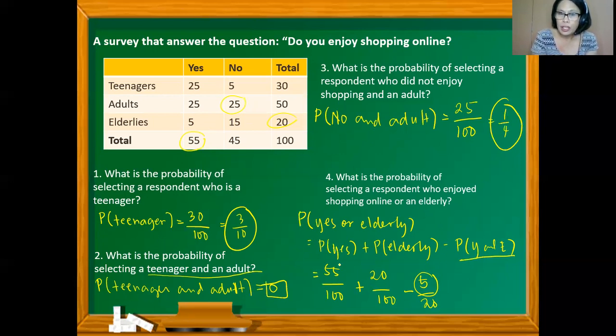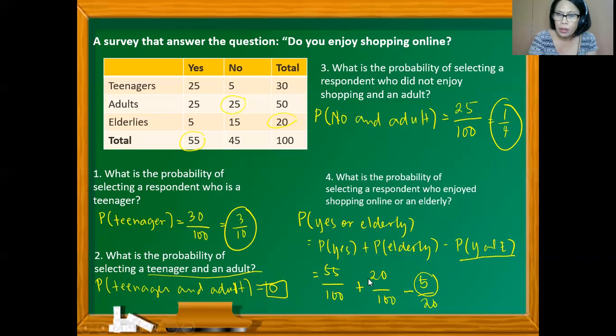In here there were 55 respondents who enjoyed shopping. Among the 55 respondents who enjoyed shopping, there were 5 elderlies. So the 5 elderlies were counted already. And then we counted the total elderlies, which is 20. So meaning the total count of elderlies here will be 25, not 20.